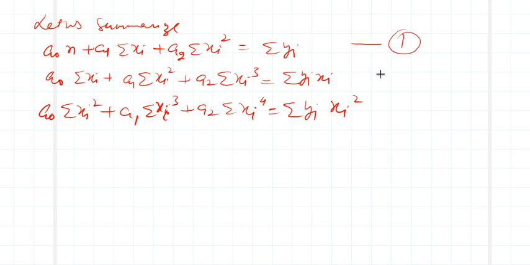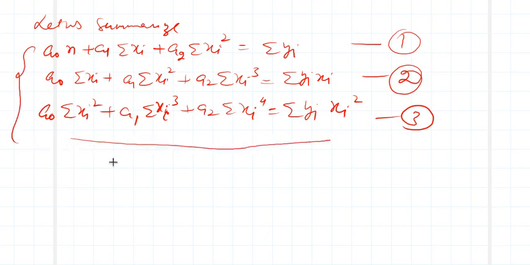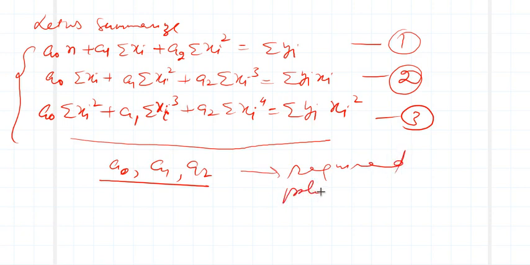So these are the three equations which I obtained. If we solve these equations simultaneously, then we can obtain the values of a naught, a1 and a2, and the required polynomial can be obtained.